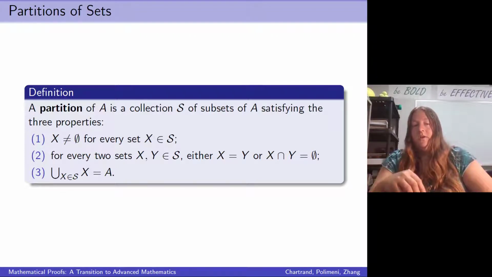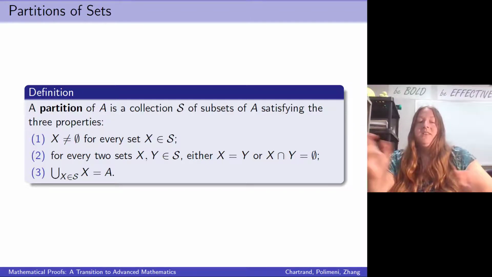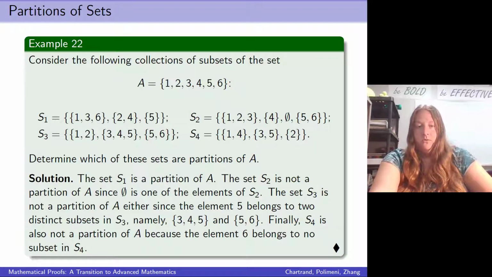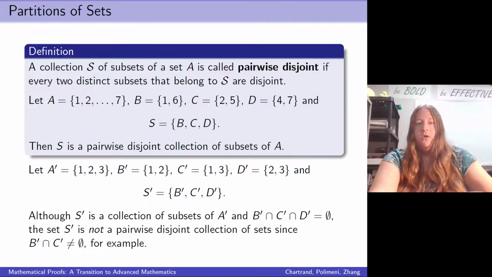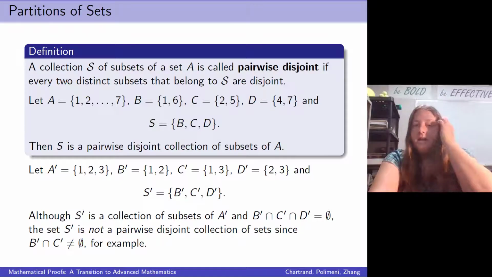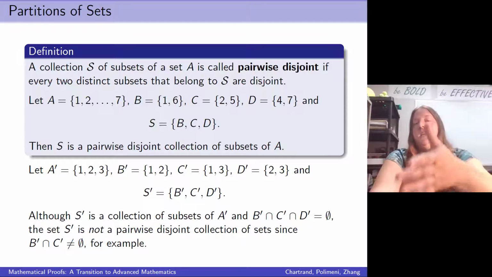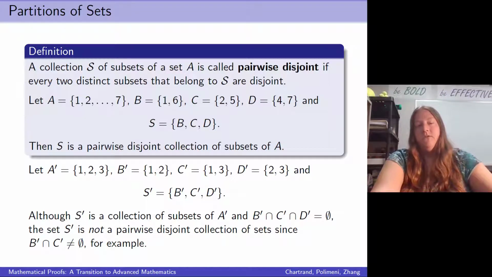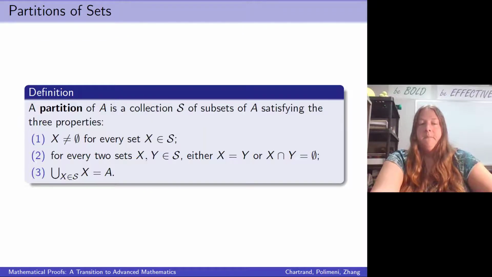And every pair of my subsets, their intersection is the empty set, so they're pairwise disjoint. And if I put them all together, then I've got A. So going back to this example here, if I had just added in E, that was the set containing 3, that would have been a partition of my set A there.